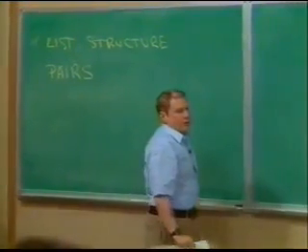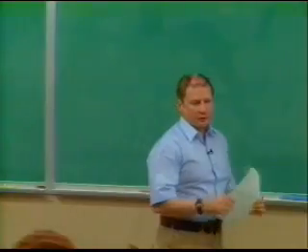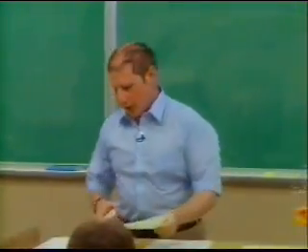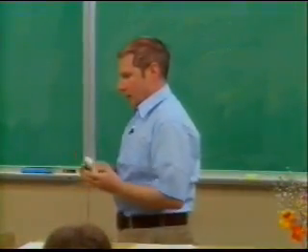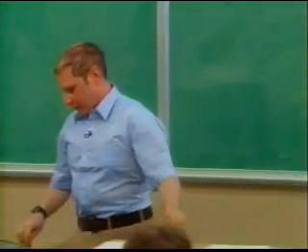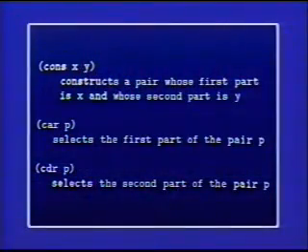There's a primitive operator in Lisp called cons. Cons is an operator which takes in two arguments, x and y, and it returns a thing called a pair that has a first part and a second part.